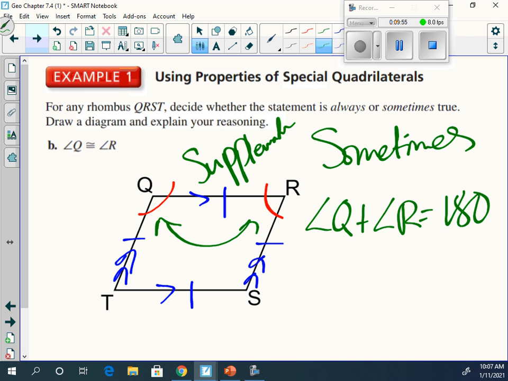So what would the case be where Q and R would be congruent? What would their measures have to be? 90. So it can be that they are congruent, but the only time that they would be congruent is if both angles measured 90. That's the only way it would work. Questions on this here?